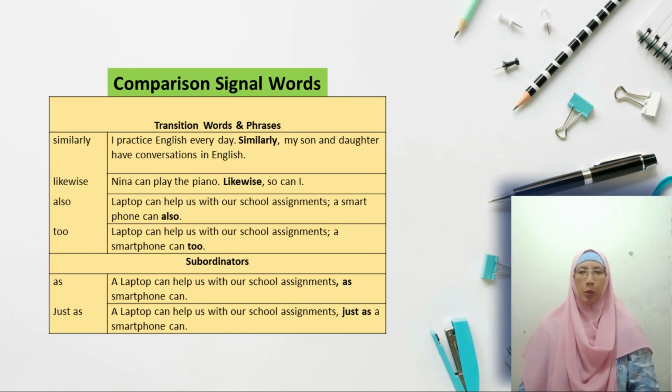This part will discuss comparison signal words. First, we have similarly. Second, we have likewise, also as the third, to, fourth, and then as the fifth, and then just as the sixth. Those comparison signal words has examples of each sentences.